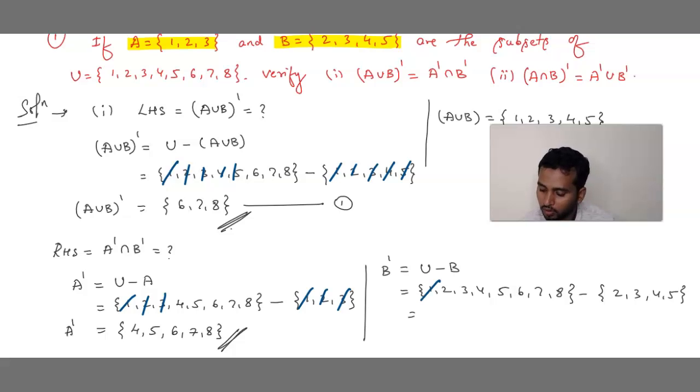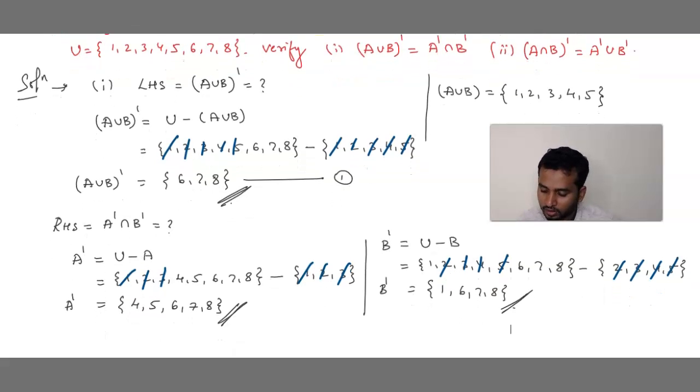Yes. 1 can't be cancelled because there is no 1 here. 2, 3, 4, 5. Now what are the elements left out in the first set? That is 1, 6, 7 and 8. This is B transpose. Now we got A transpose and B transpose.